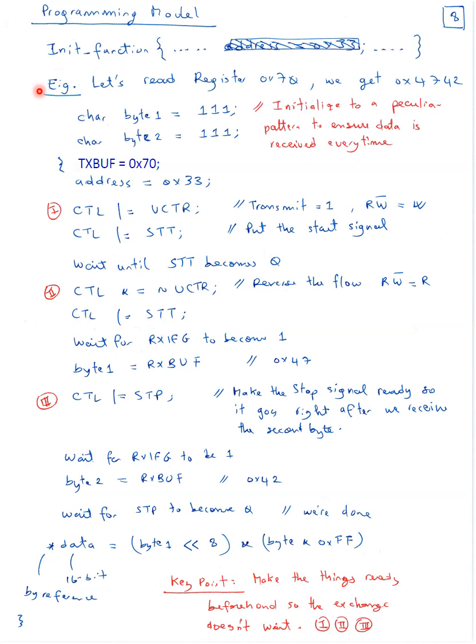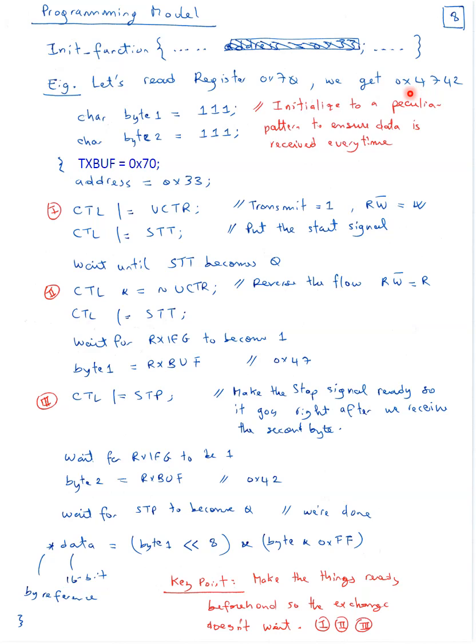So what we're gonna do in this code, we're gonna read register 70 on I2C device 33. And we're gonna pretend register 70 is a model number. So if you read the model number, we're gonna get this model number, hexadecimal 4742.